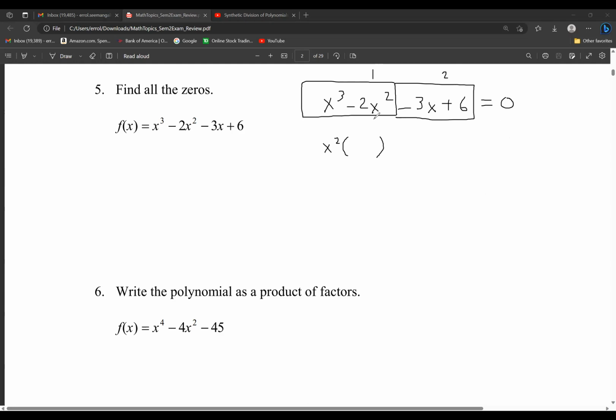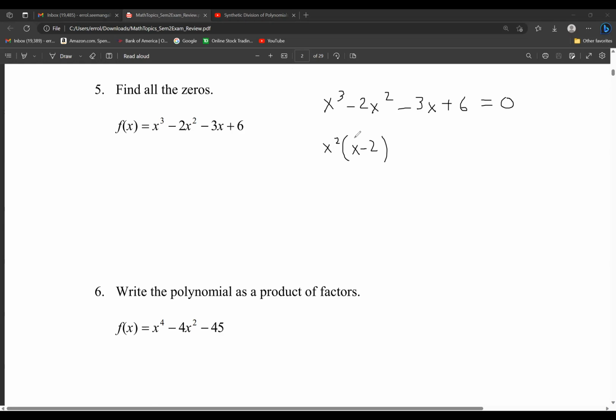Okay. So what's the greatest common factor out of this term and this term? x squared. Now, what's on the inside of the brackets? x minus 2. If we were to distribute this, we'd be back at this right here. All right, so that's the idea.